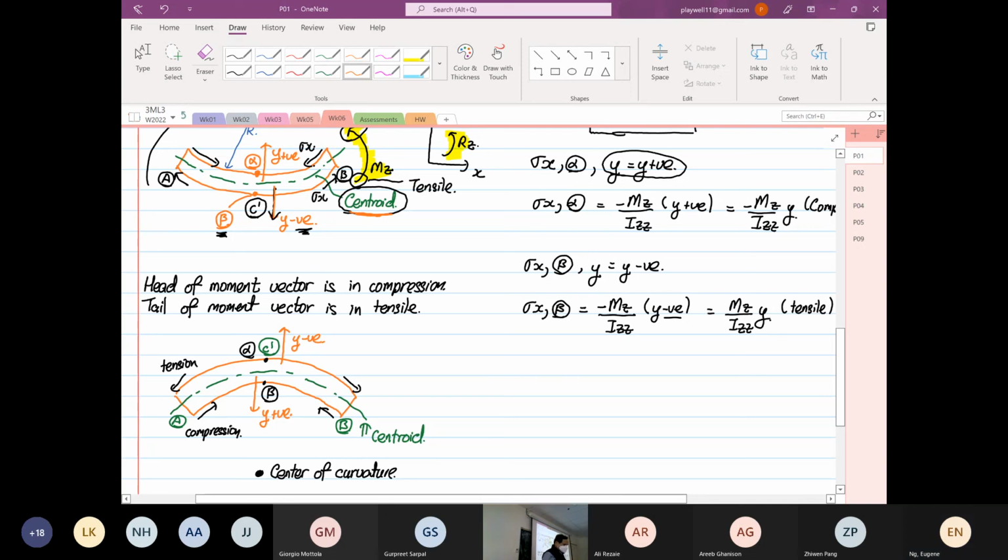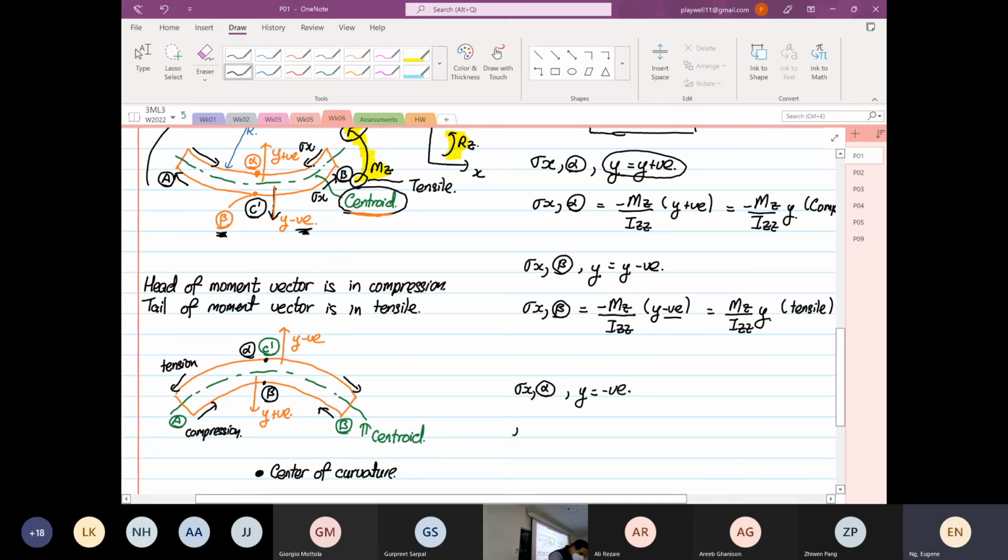Negative. So you can see y positive and y negative, right? So now we are going to find stress x. We're going to find alpha. So now for this case, alpha is equal to what? Positive or negative? Negative, right? Because it's pointing away from the center of curvature. So now this is negative.